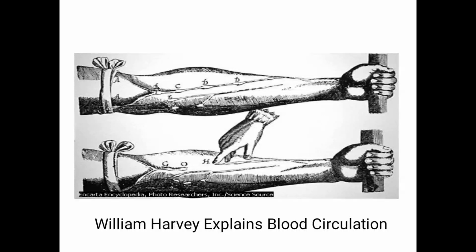To give an example, this is how Harvey explains blood circulation, wherein you can see in the illustration the different types of blood vessels. And he is pointing out what kind of blood is traveling in this kind of blood vessel and the other kind of blood, because we have oxygenated and deoxygenated blood in this kind of blood vessel or in that kind of blood vessel.